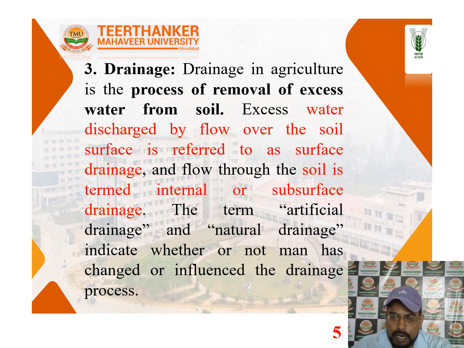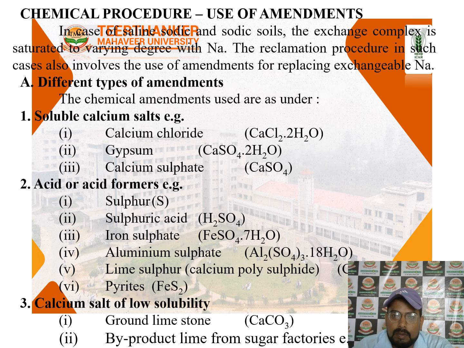Surface drainage uses open channels to remove excess water from the field, and subsurface drainage uses pipes laid underground to remove excess water from the field. That removes the salt leached from the subsurface out of the fields. That's the basic purpose of reclamation.